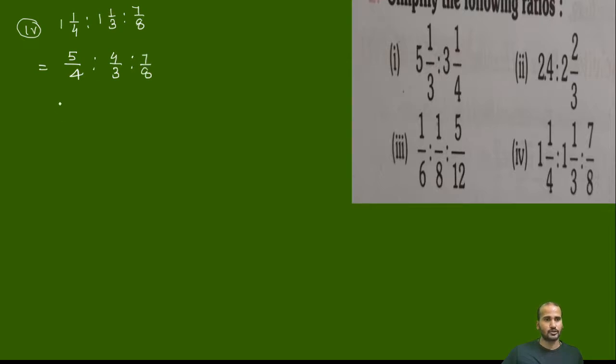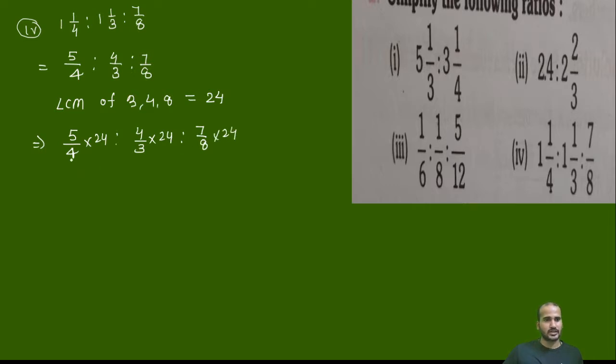So what you have to do? Yes, definitely, the LCM of 3, 4 and 8. So this will become 8 3s are 24. So just look at what you have to do. It is 5 by 4 into 24, 4 upon 3 into 24, and the last one is 7 upon 8 into 24.